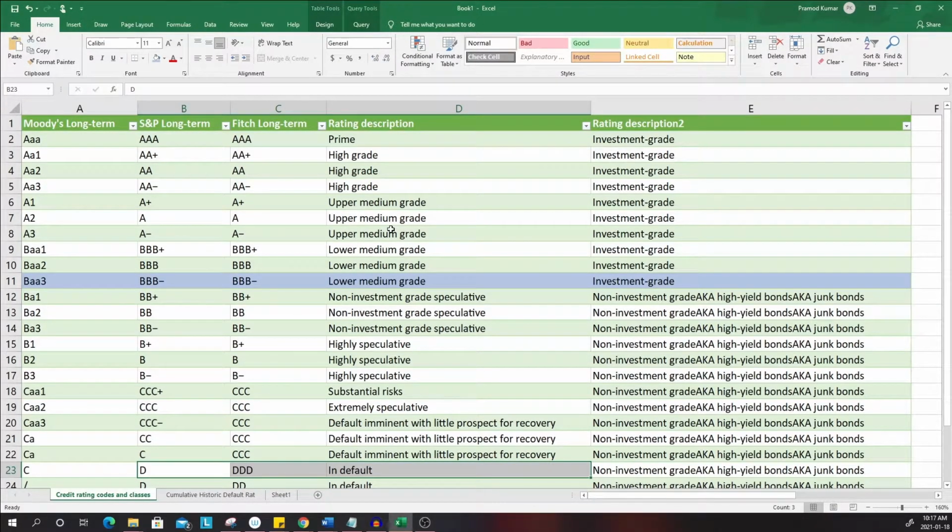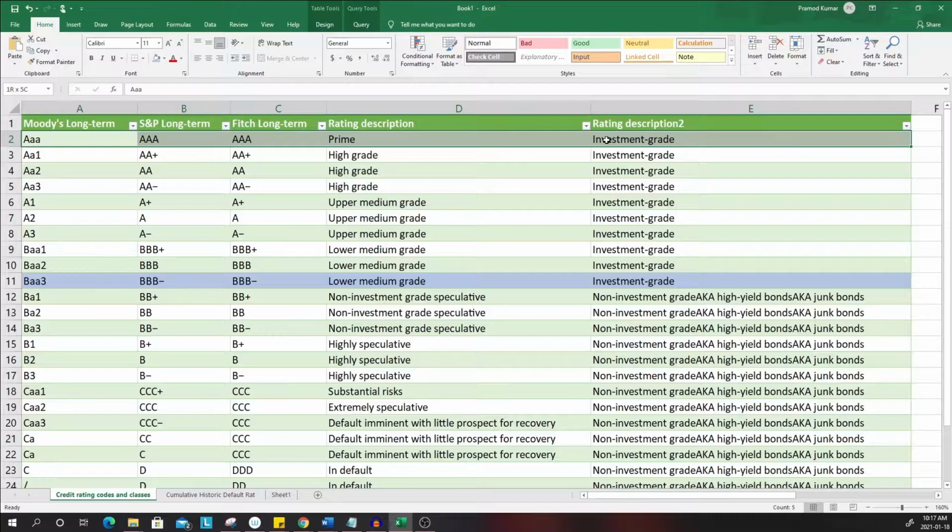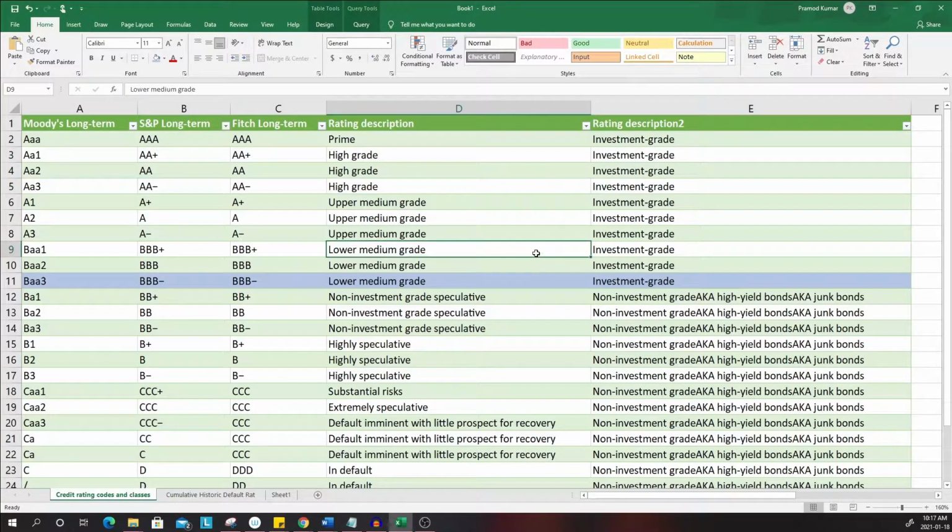In terms of the return on the bond, if it's investment grade like triple A, usually the interest on the bond is lower, but as the odds of default keep increasing, the issuer starts giving a higher interest rate.